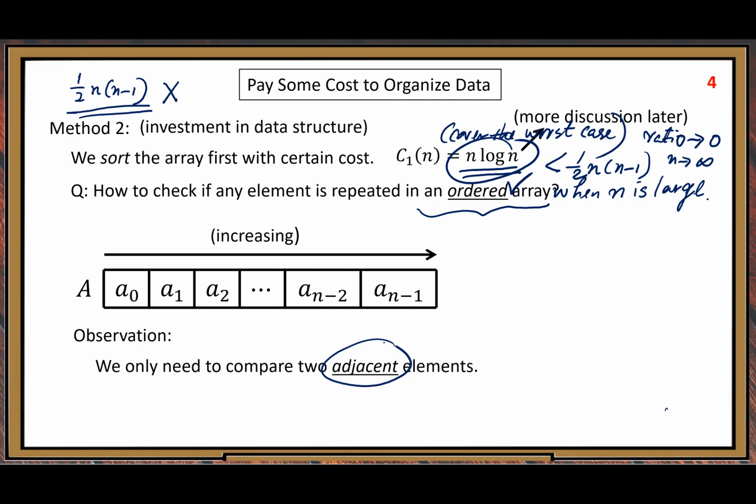Think about it: if there are duplicate elements, after you do the sorting, you will find there must be 2 adjacent elements with the same value.